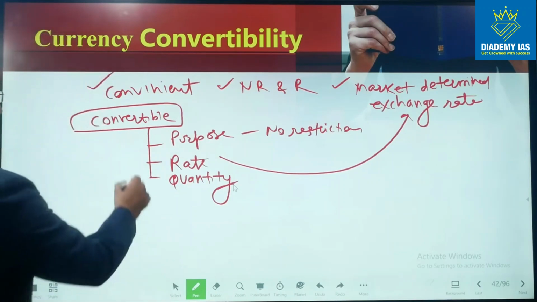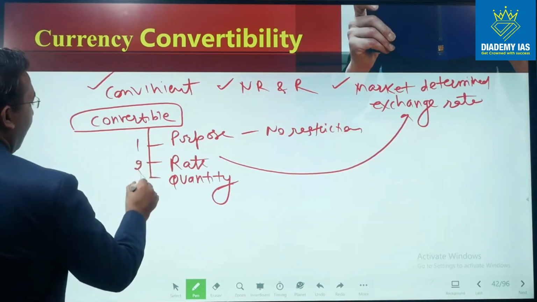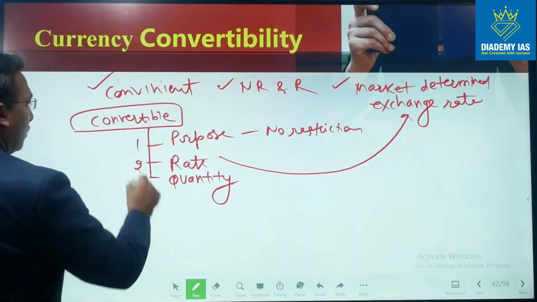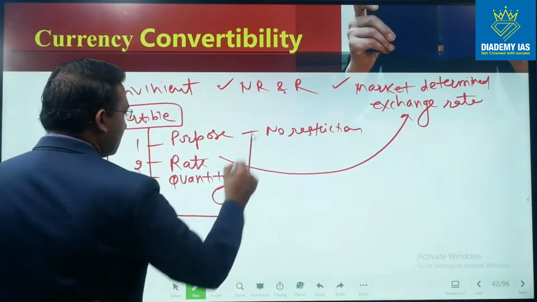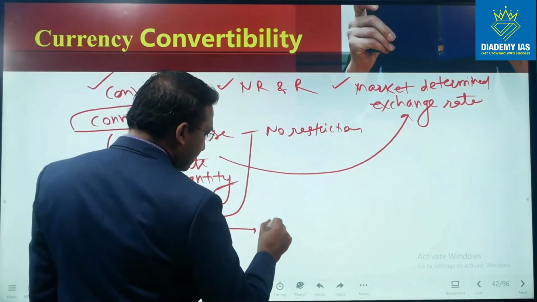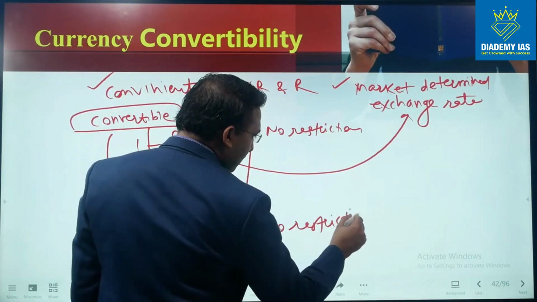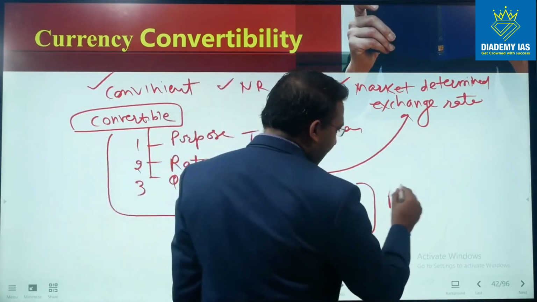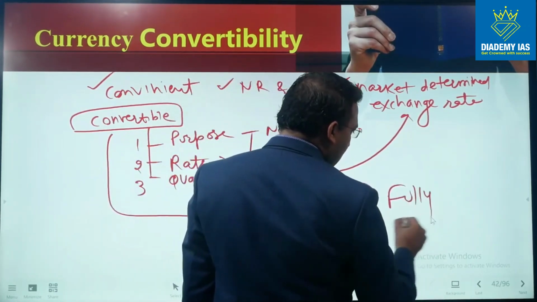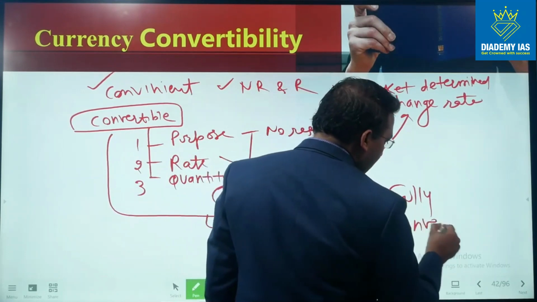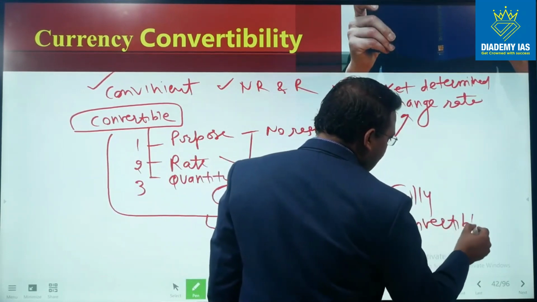So purpose, rate and quantity, in all three dimensions, there should be no restriction at all. Only then do we call a currency fully convertible.